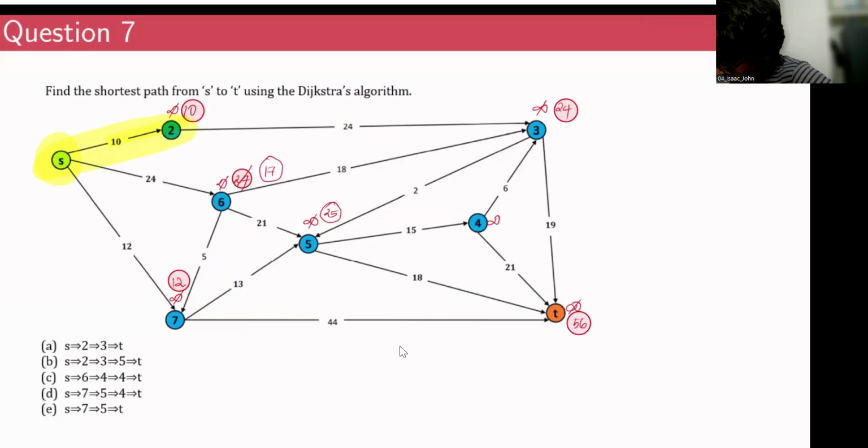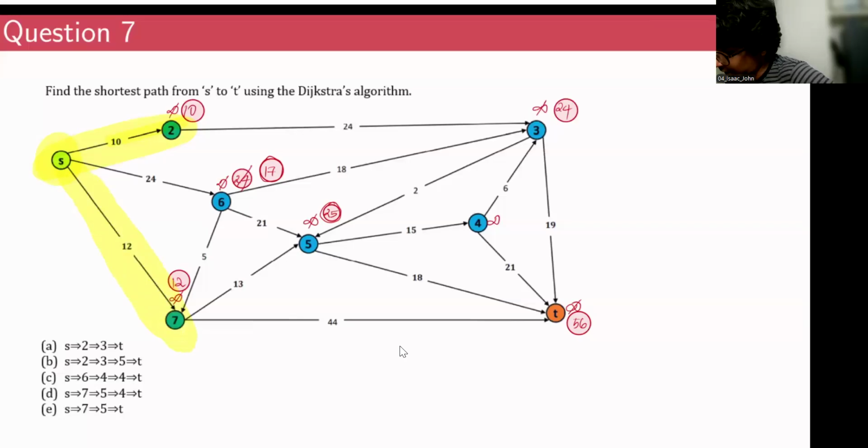I believe we have explored all the nodes from node 7. So we'll also exclude node 7 from further exploration.